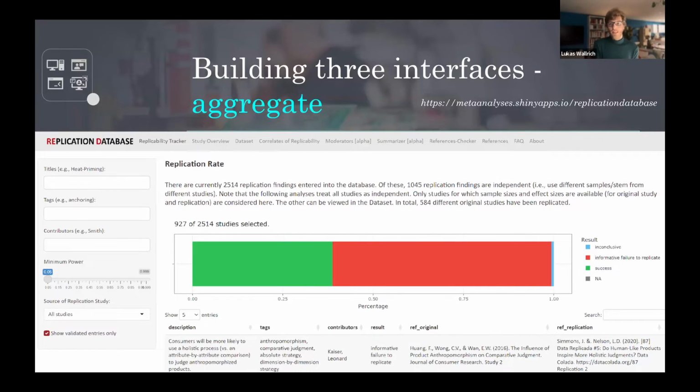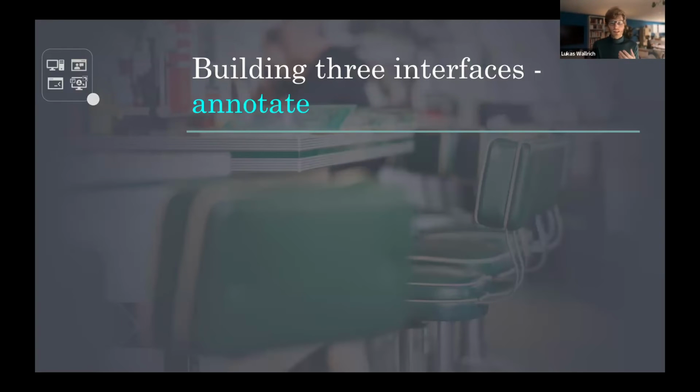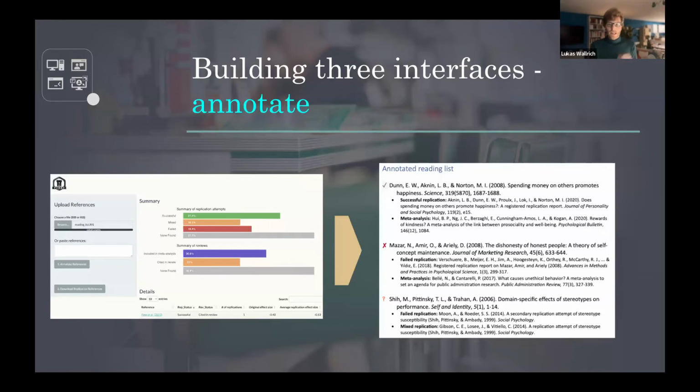And we're in the process of building that out to look more at predictors of replicability. The second aspect is to enable annotation of reading lists, which can be very powerful for teaching, but possibly also for early stage research when there's a literature review with some references, to basically figure out what's the state of these references.